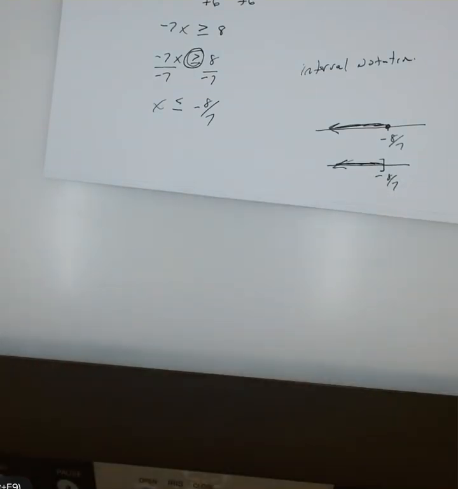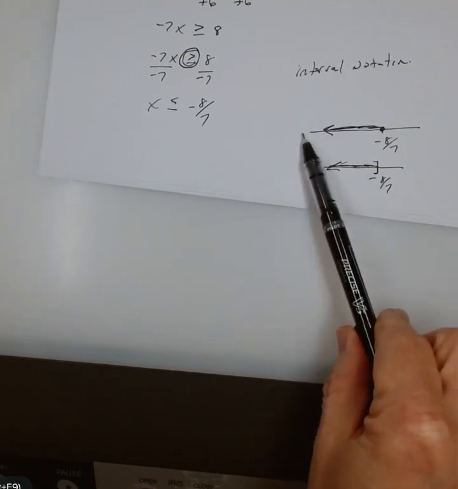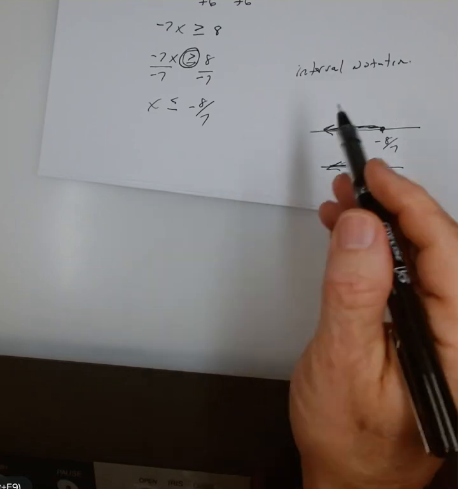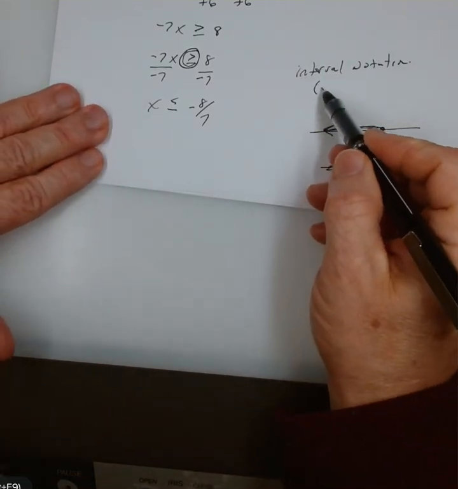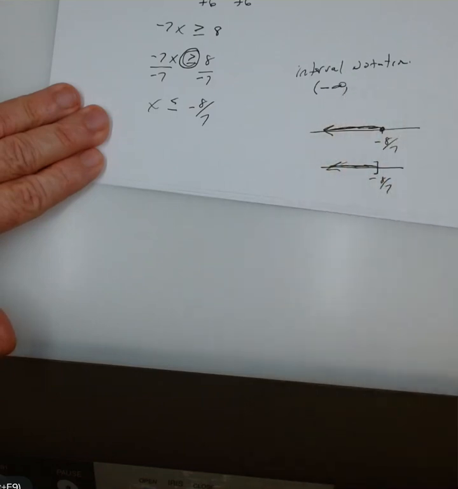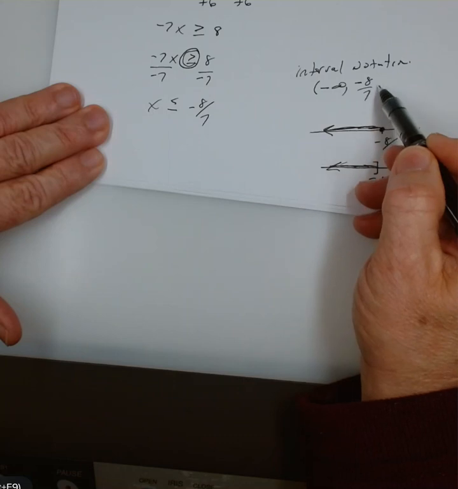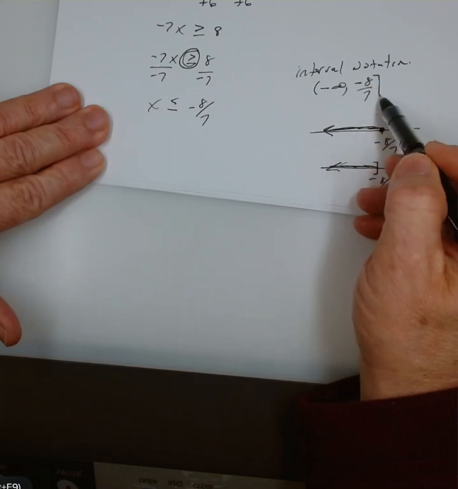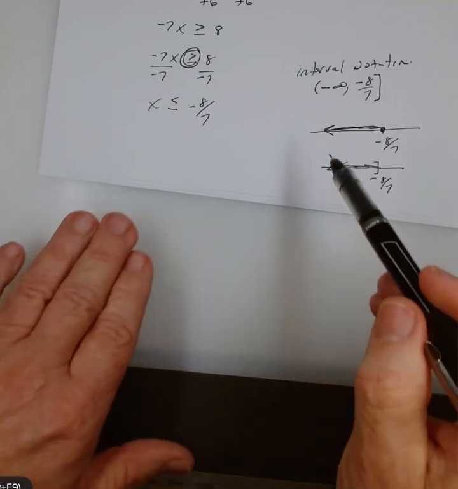So once in your mind you have what the graph looks like, then you go from left to right. So the arrow is pointing towards what concept? Negative infinity. So remember, negative infinity is always parentheses, comma, all the way to what number? With a bracket. Make sure it looks like a bracket. And so that's your interval notation.